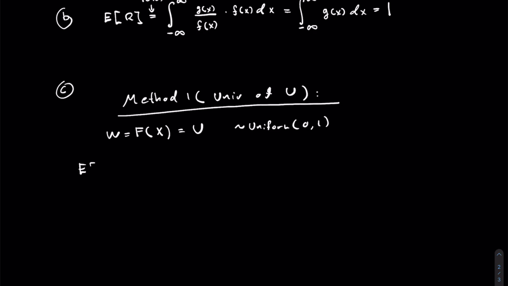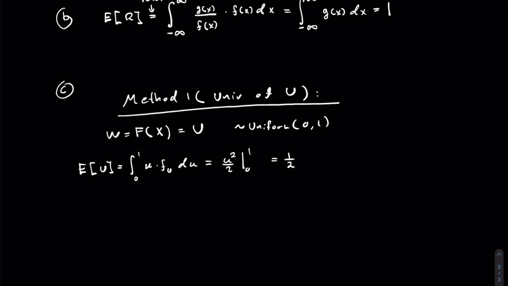And the expectation of that is the following. It's a calculation we've done several times, but let me do it again, just to remind ourselves. So it's u times its PDF, integrated, and this is u squared over 2, and the expectation is half.